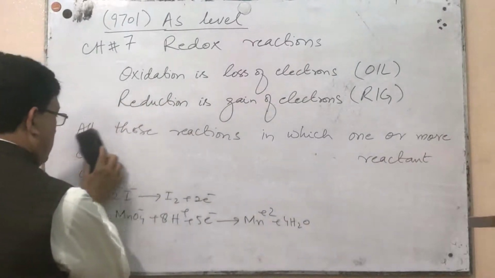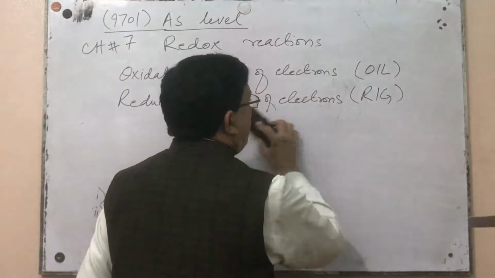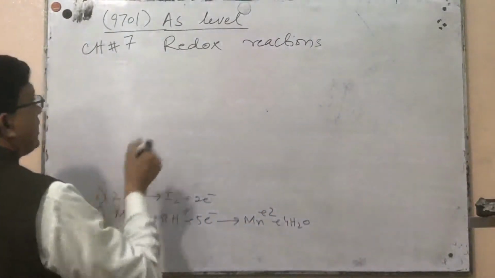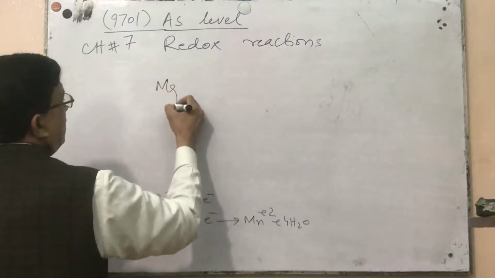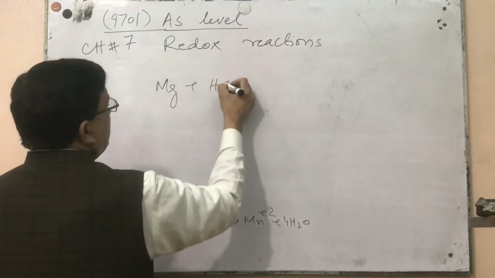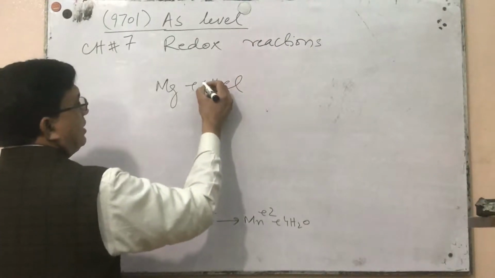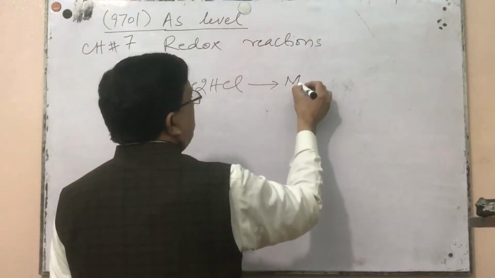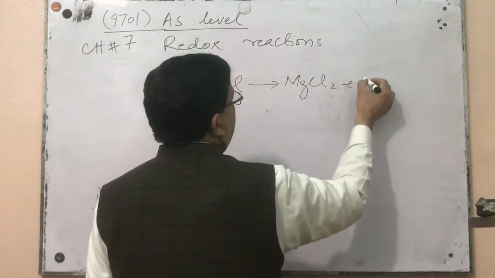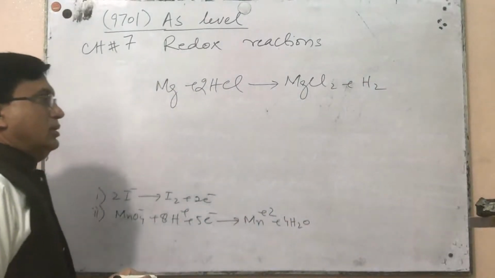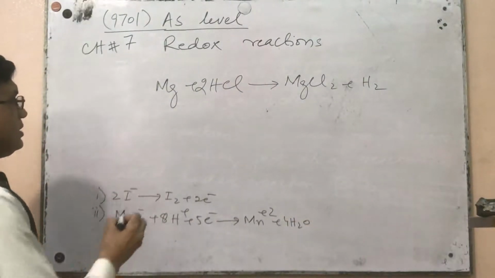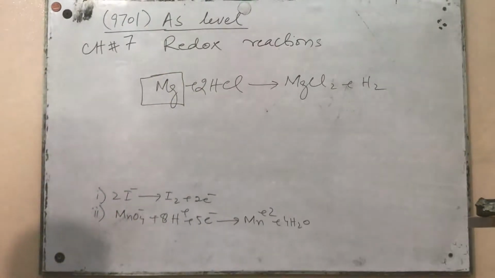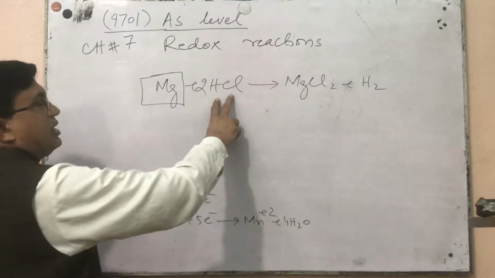For example, if magnesium is reacted with hydrochloric acid, if we balance this equation, what will form? It will form magnesium chloride and hydrogen. Here, magnesium is a metal, while HCl is a compound.